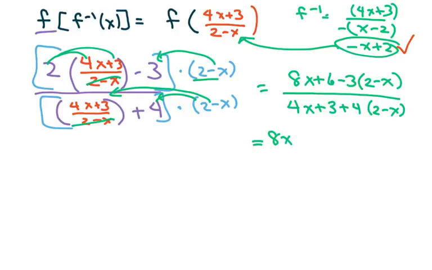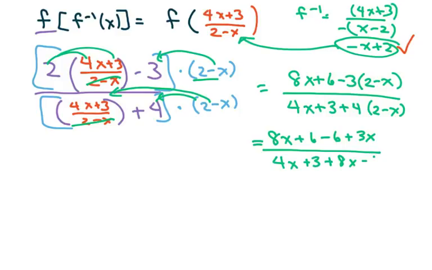8x plus 6 minus 6 plus x, or plus 3x, over 4x plus 3 plus 8x minus 4x.